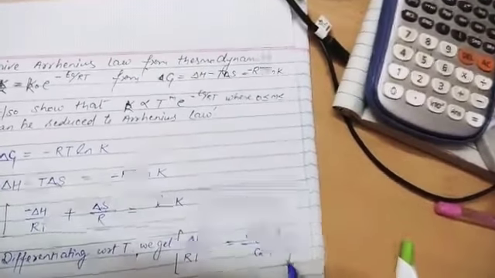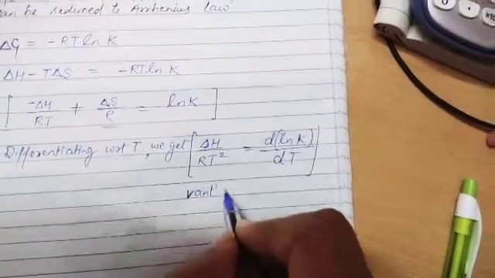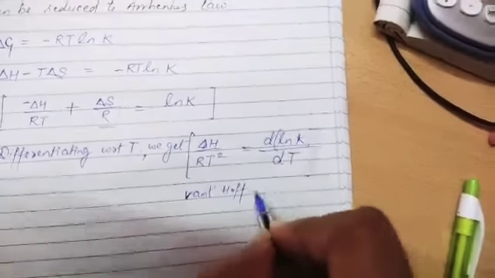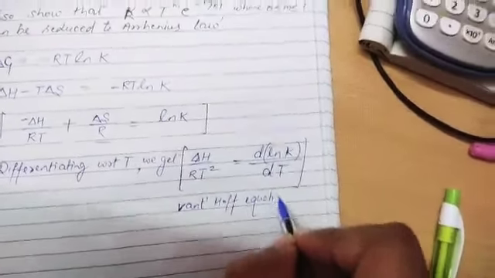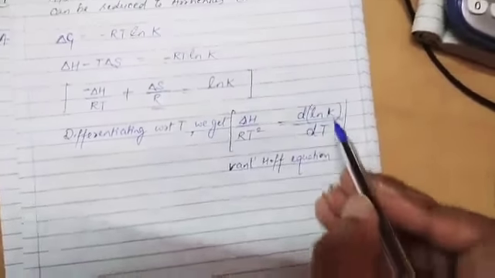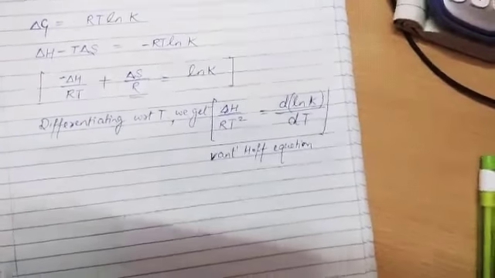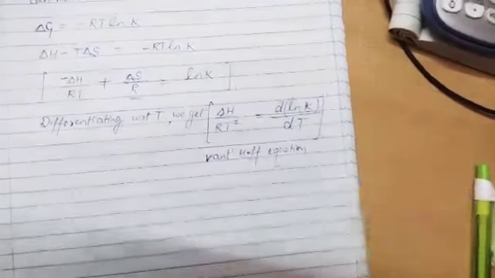Okay, nothing fancy here, we all know how to differentiate simple things, and this equation is actually called the van't Hoff equation, a very famous equation in thermodynamics. Now before proceeding, we must know how to deal with this capital K, because we need the Arrhenius equation in terms of rate constants, and this capital K is the equilibrium constant.